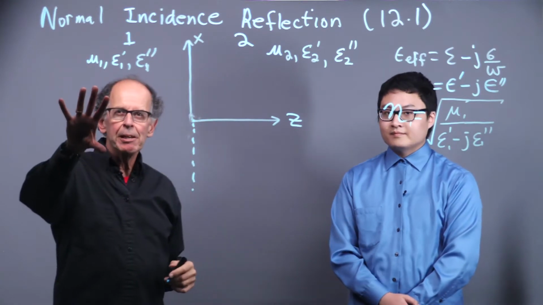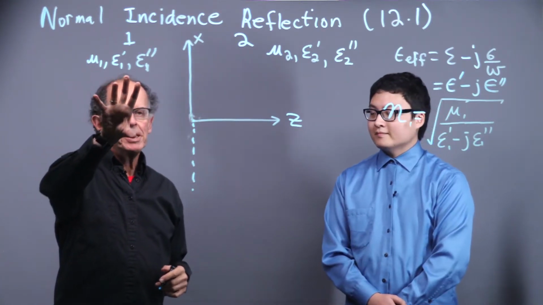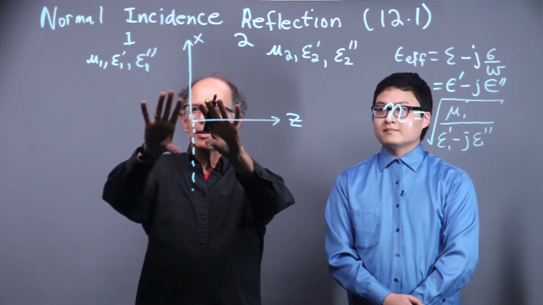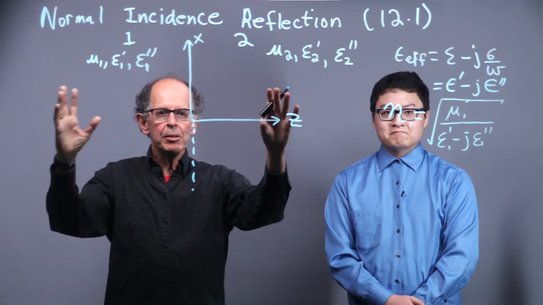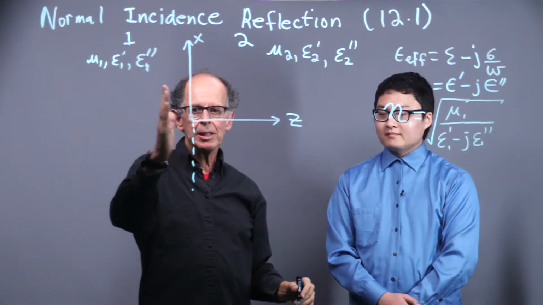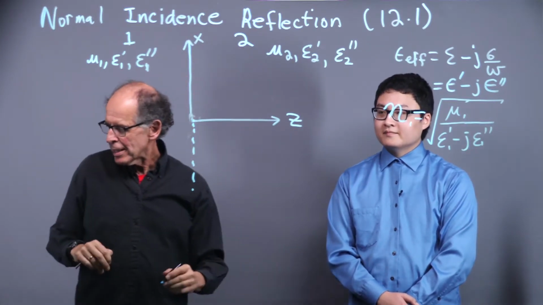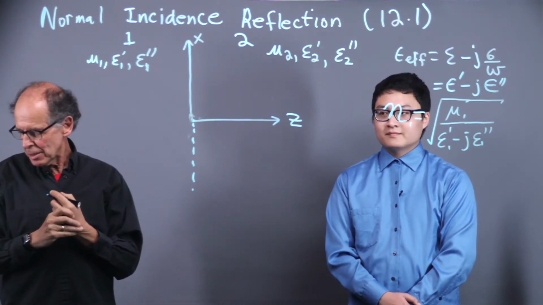Now, if we think of transmission lines, when we had two transmission lines joined together and their characteristic impedances were different, we know that a wave would come in, hit the join, and reflect back. So let's start thinking about this and modeling what actually happens.